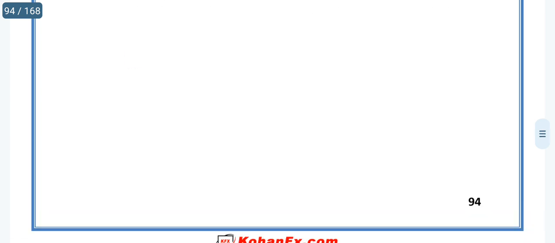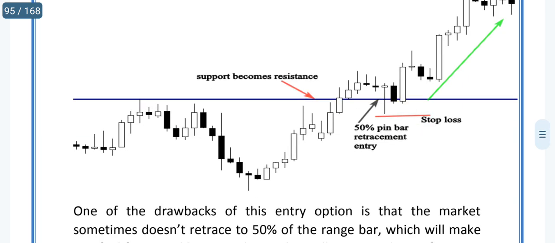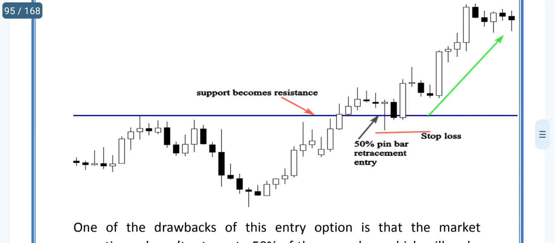You can observe more in this illustration. We have our support level. For this case, this is an uptrend. So we are seeing our penny bar forming in the uptrend, and we have set our stop loss at the end of the penny bar candlestick.